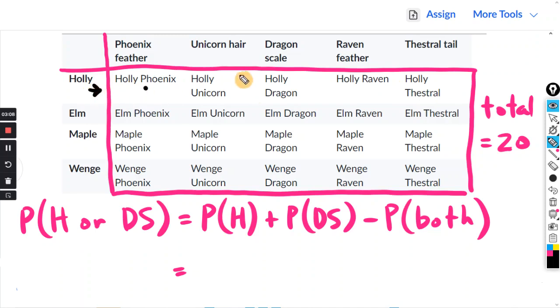We have 1, 2, 3, 4, 5. There's no other hollies, so that's going to be 5 out of the total, which is 20. Now for dragon scale, right here we have the column for dragon scale. How many dragon scale? 1, 2, 3, 4. That's 4 out of 20.